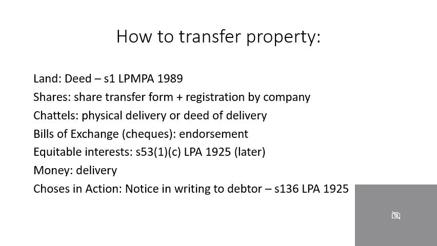It would be exactly the same as I've described earlier, Section 1 of the Law of Property Miscellaneous Provisions Act 1989, in writing, signed by the transferor, transferee, and witnessed. And also, this deed of delivery of these chattels should contain a list and description of all the chattels you intend to transfer. That's how you would do it.